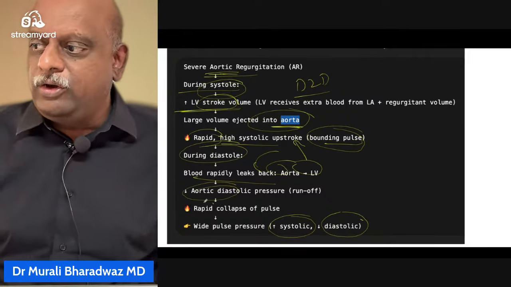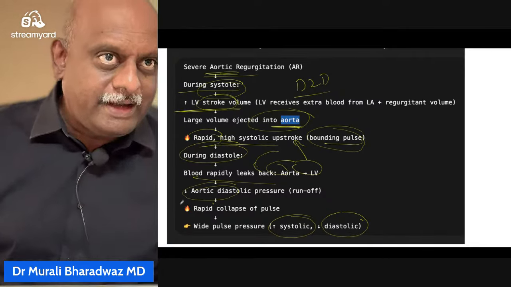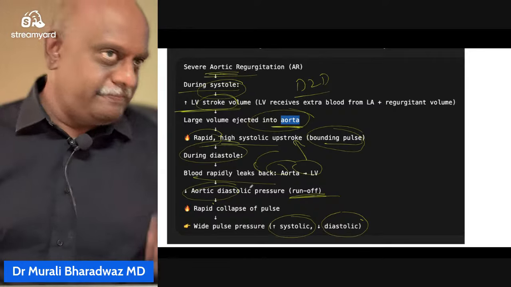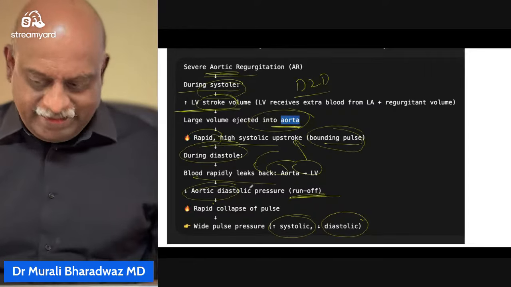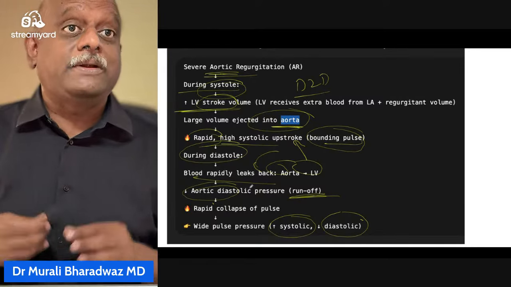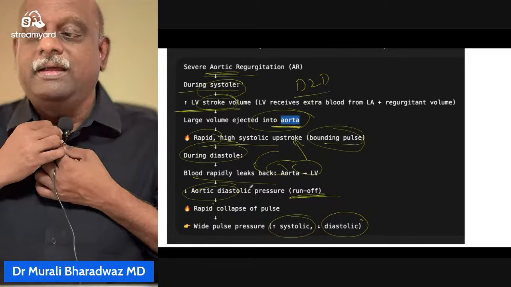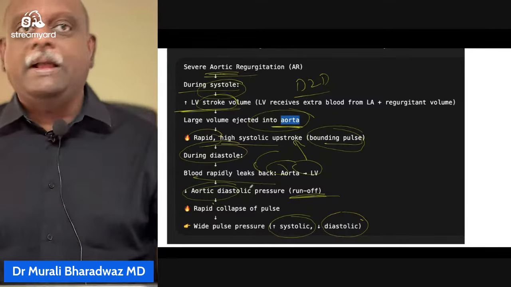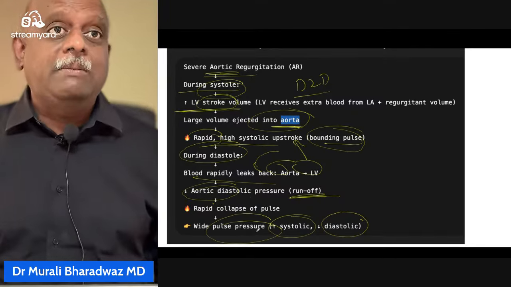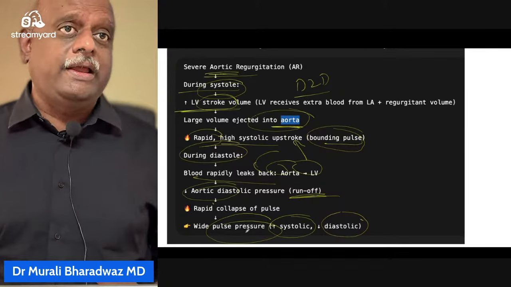That will decrease the aortic diastolic pressure, which is called runoff. It runs off back into the ventricle. So that is the reason the aortic diastolic pressure will fall down. And that leads to rapid collapse of the pulse, leading to the wide pulse pressure, water hammer pulse, increased systolic.